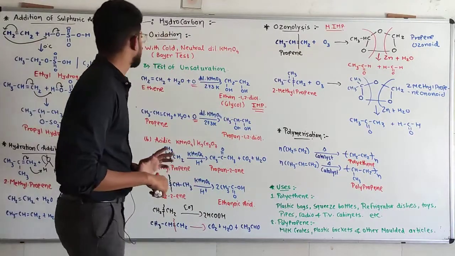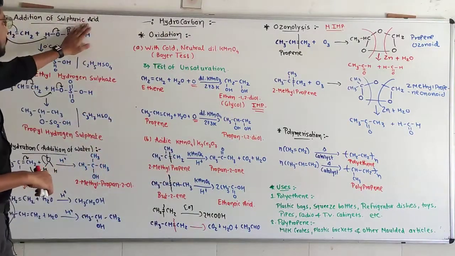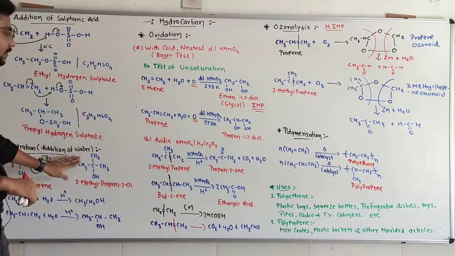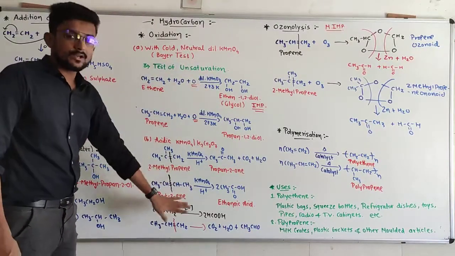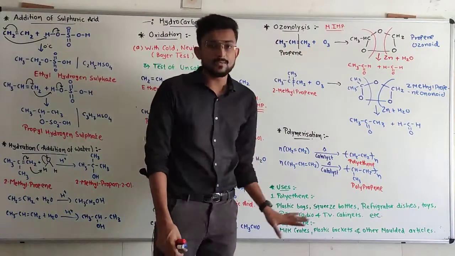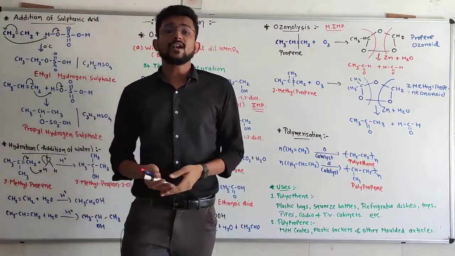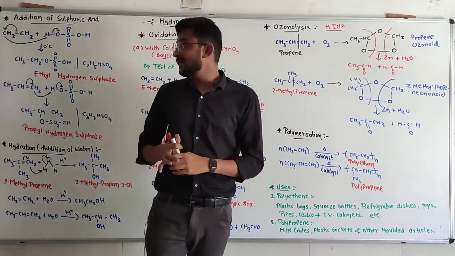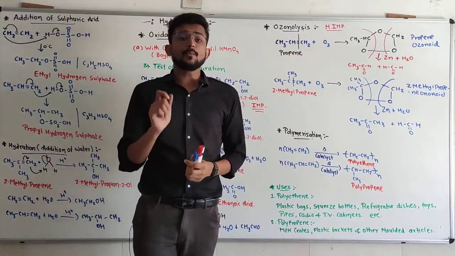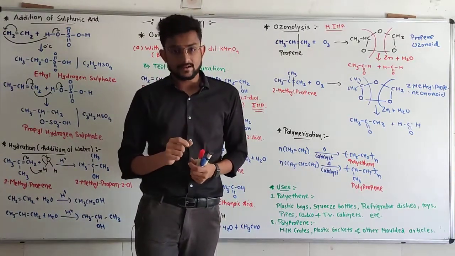So in this lecture, we discussed addition of sulfuric acid, addition of water, oxidation, ozonolysis and polymerization, and many more chemical properties are available for ethene, but that will be a topic for JEE and NEET.